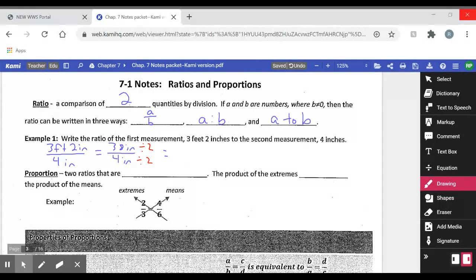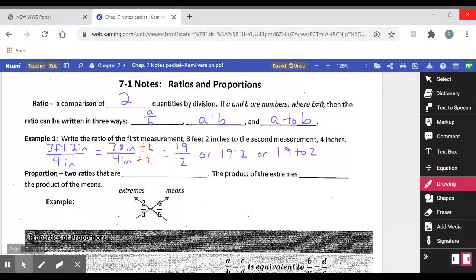And that gives me 19 over 2. Or I could write it like we talked about up above, 19 colon 2, or 19 to 2. Any of those would work.